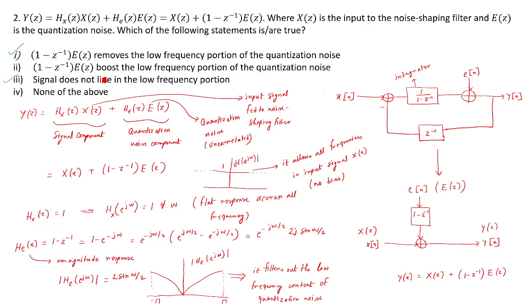I hope you understand why the third term is true, because the signal X(z) is multiplied with Hx(z), and the magnitude response of Hx(z) allows all frequencies, therefore the signal does lie in the low frequency portion.